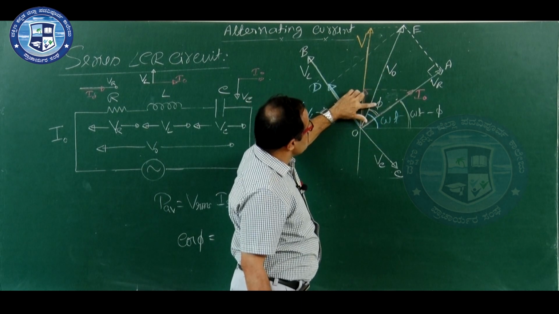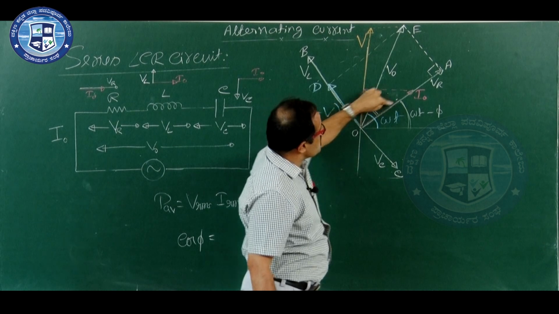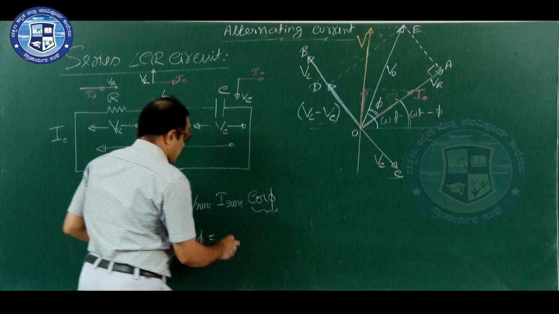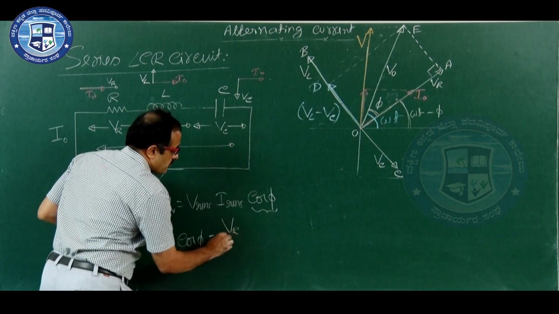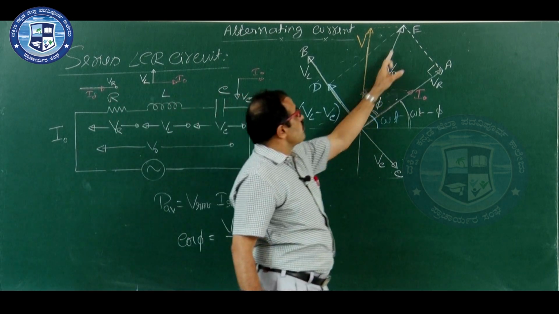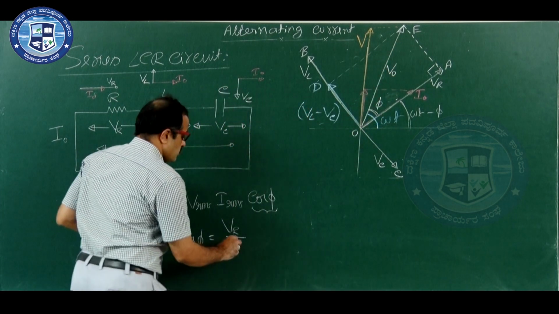In this triangle, this angle is phi, and what is cos phi? Cos phi means adjacent side by hypotenuse. In this right angle triangle, what is the adjacent side? VR, by hypotenuse. What is the hypotenuse? V naught.